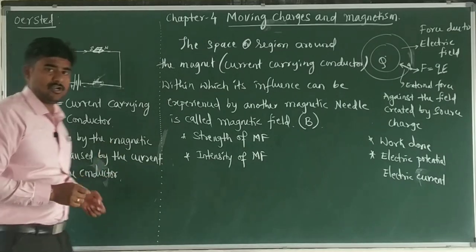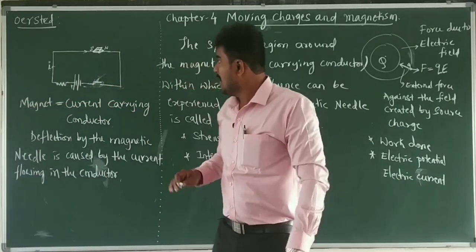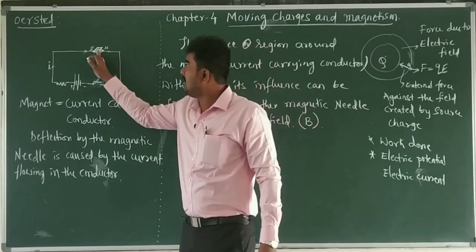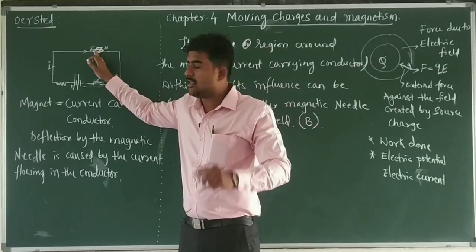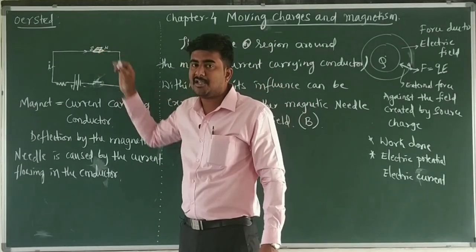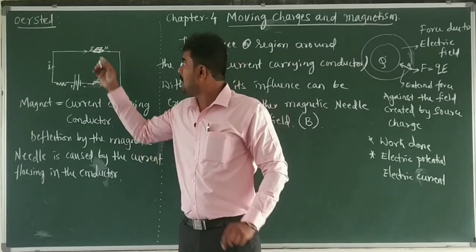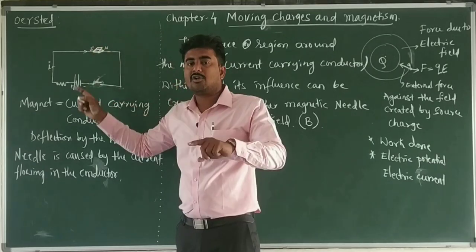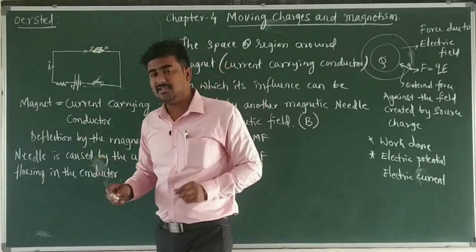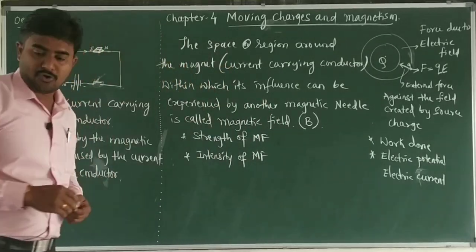Remember, this is a very important point. In this case, this magnet is deflecting. It means a certain amount of force is experienced by the magnet, and what amount of force is experienced by this magnet, and what that force is called, all these things we shall discuss now.